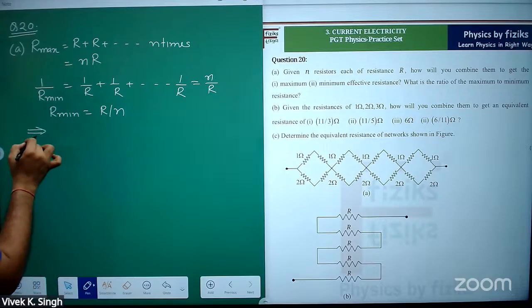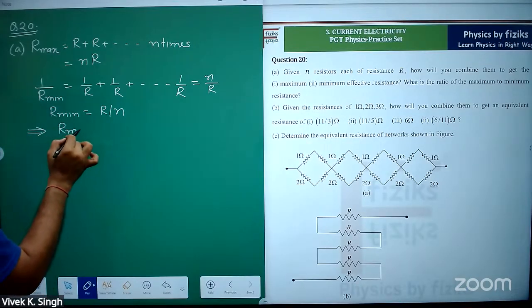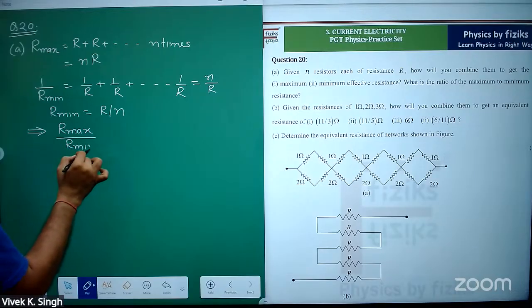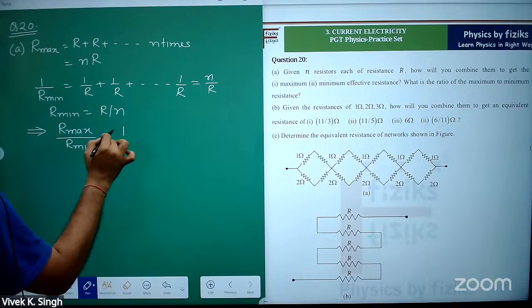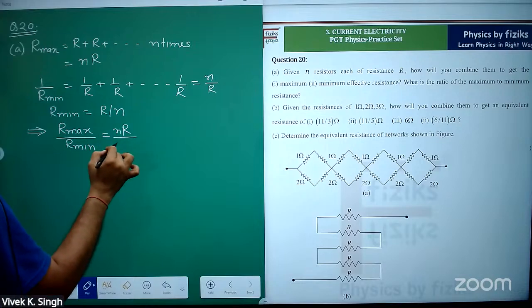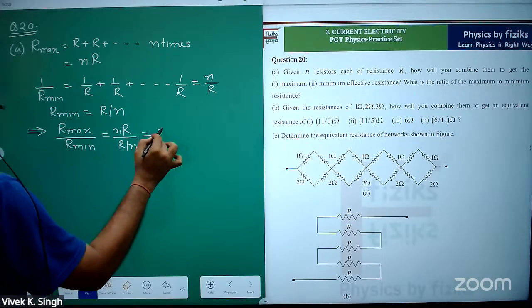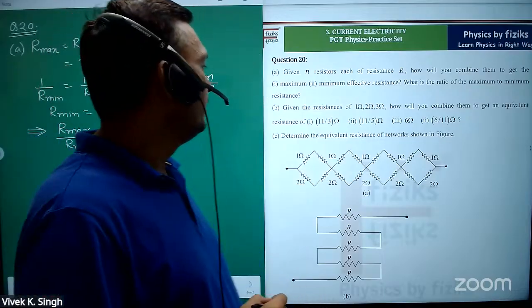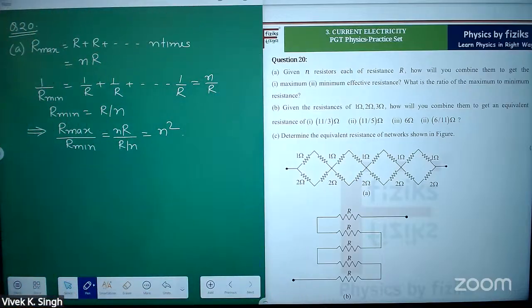So this will give you R maximum by R minimum as nR by R by n. So this ratio is n square. So that is A part.